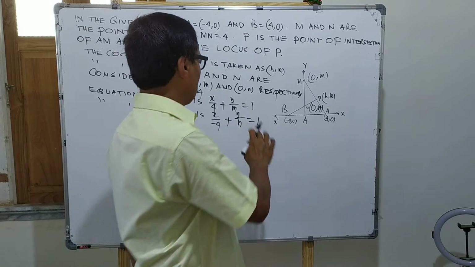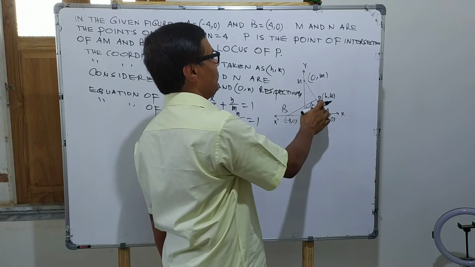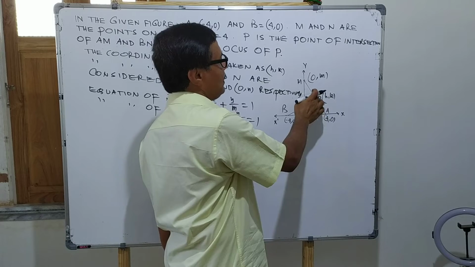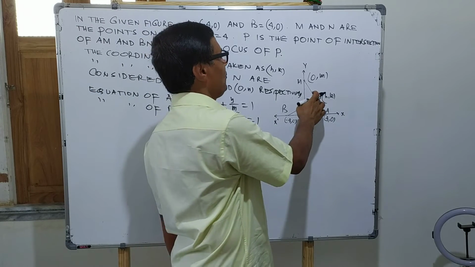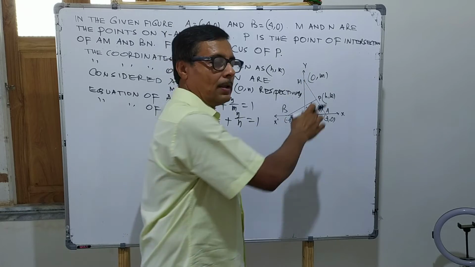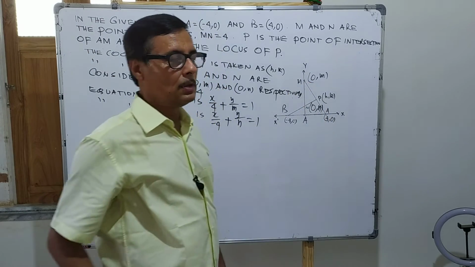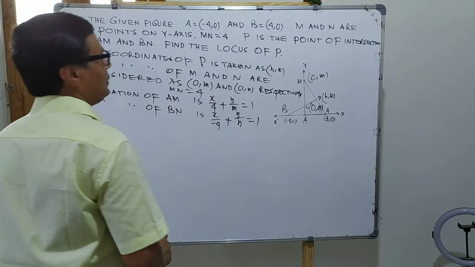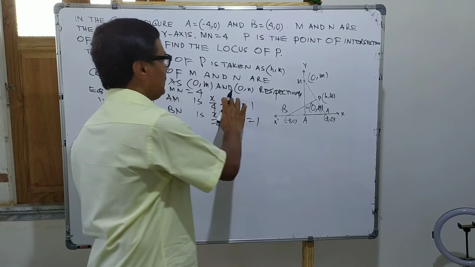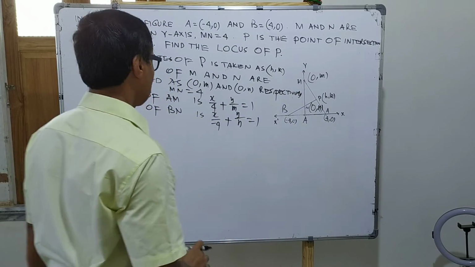And also these two lines BN and AM pass through the common point P, that is, this is the point of intersection of BN and AM, whose coordinate is considered as hk.